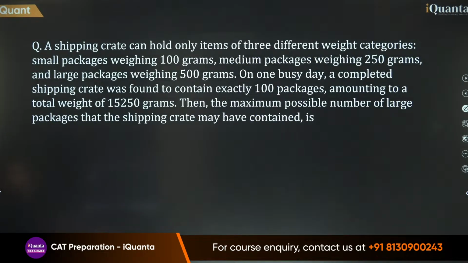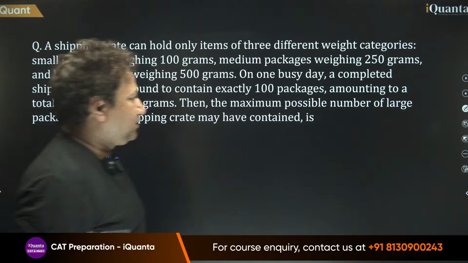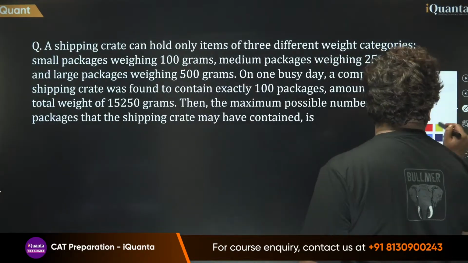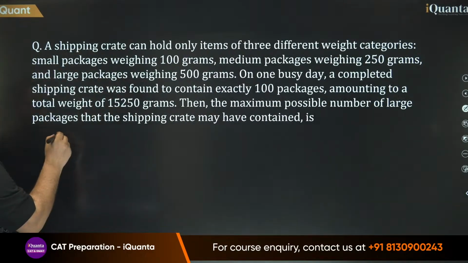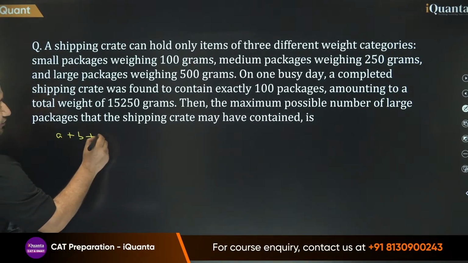A shipping crate can hold only items of 3 different weight categories. Small packages weighing 100 grams, medium packages weighing 250 grams, large packages weighing 500 grams. On one busy day, a completed shipping crate was found to contain exactly 100 packages. So let's say there are A packages of 100 grams, B packages of 250 and C of 500.